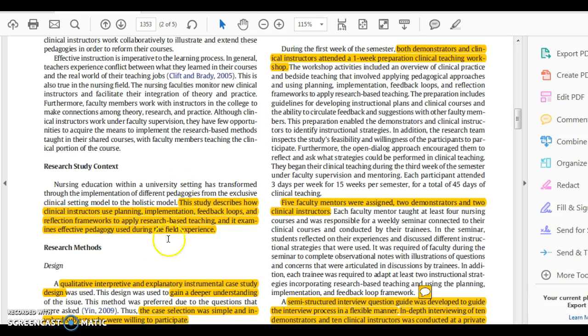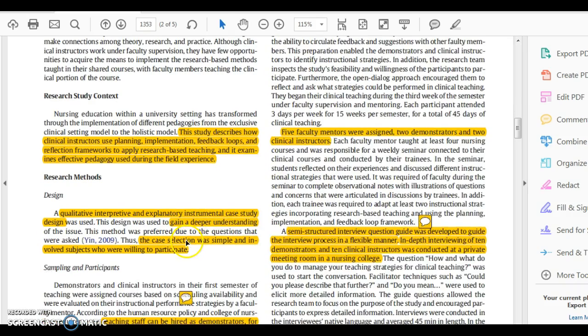So this is a bunch of variables here: planning, implementation, feedback loops, reflection frameworks. You have to again look for the definitions in this study and put them in context, because we often use the same words, but with different research studies or situations, the context is different.